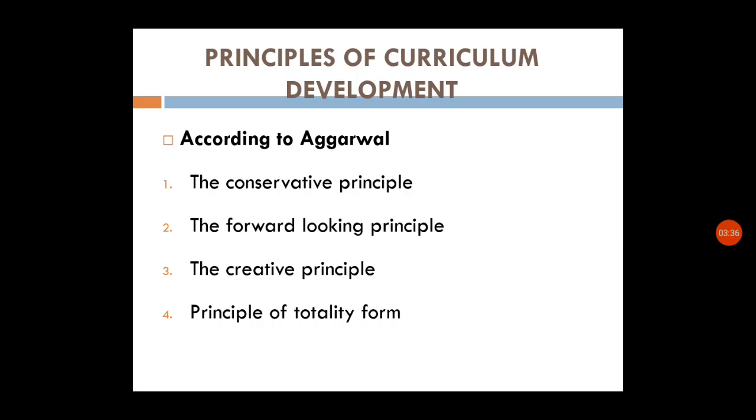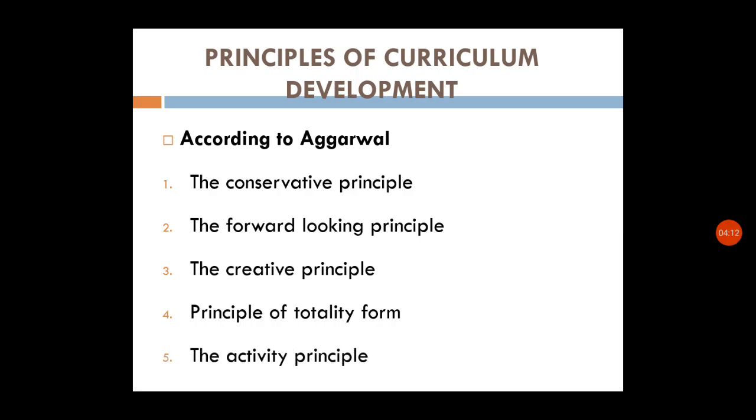But we have to think in such a way that a course is prepared for a particular group of students, and all subjects and all years contribute towards the overall objective of that particular curriculum or course. That is, each subject, how it is contributing to that particular course or curriculum, that we have to think. That is the principle of totality form.